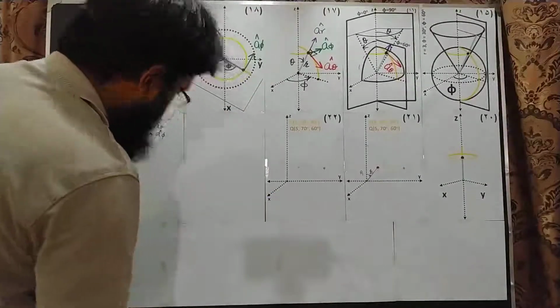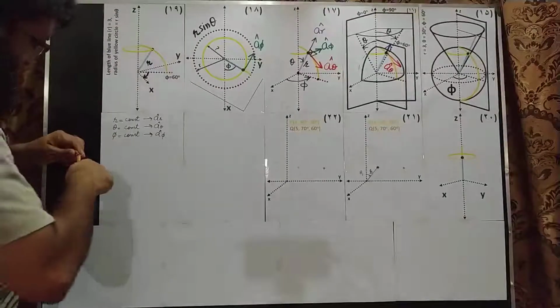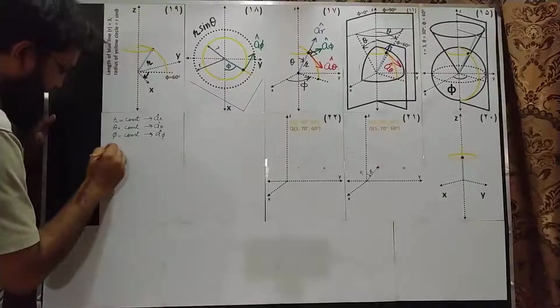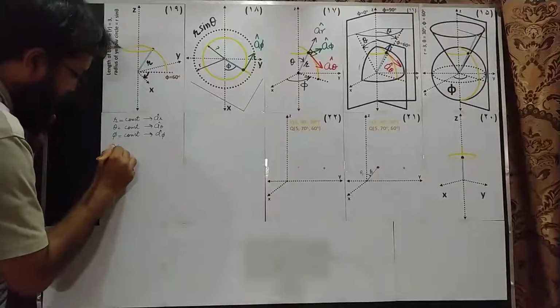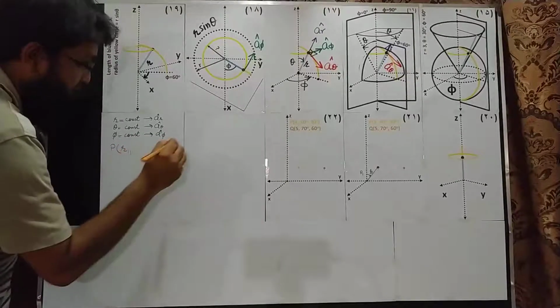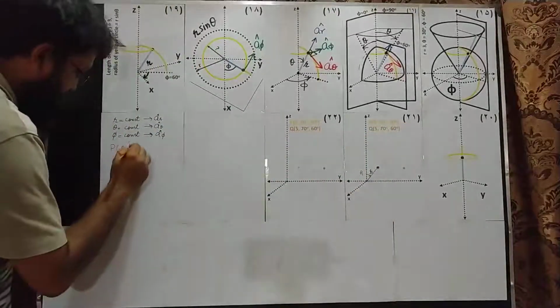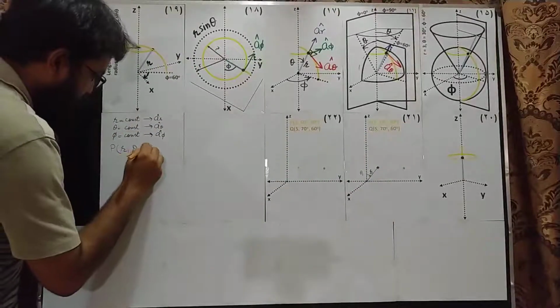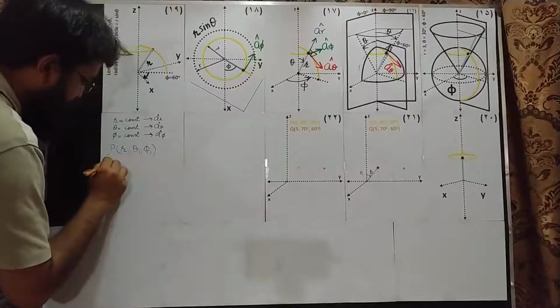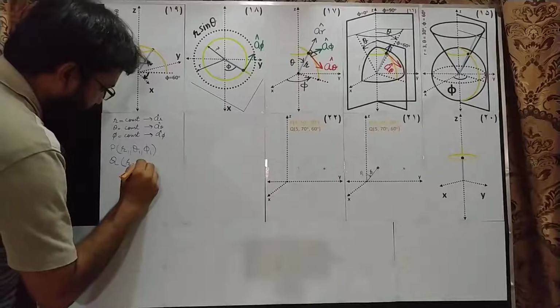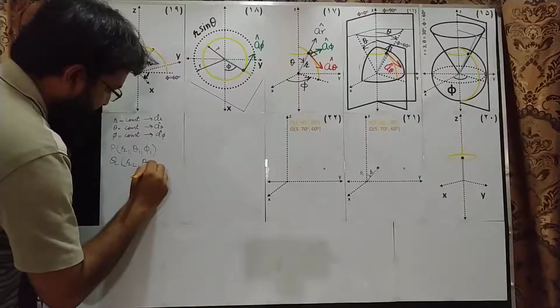Let me just give you the picture: point P here has the coordinates, generally I've taken 3, 50 and 30, but generally that will be r1, theta 1, phi 1, and Q will generally have r2, theta 2 and phi 2.